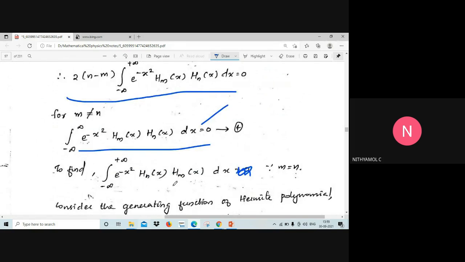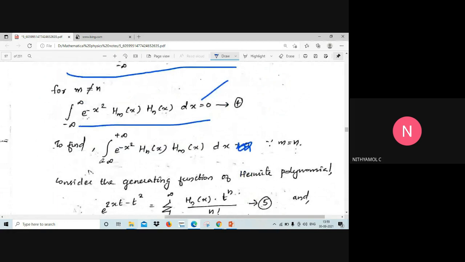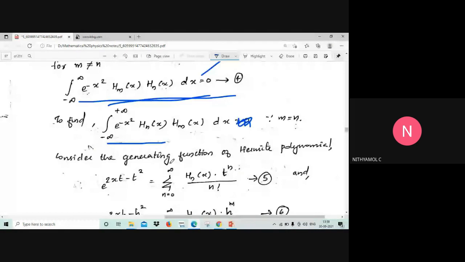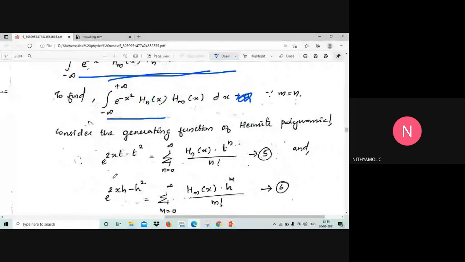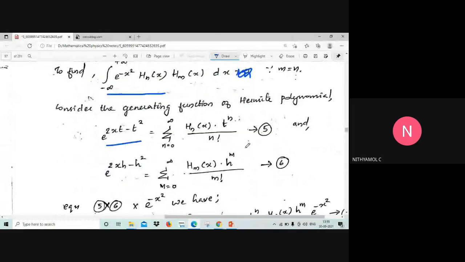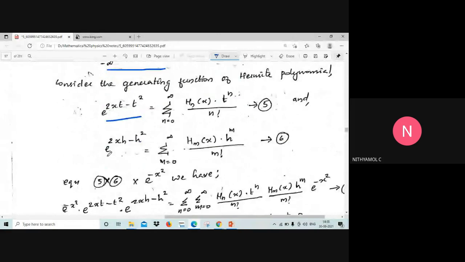To find this integral from minus infinity to infinity, we have to consider the generating function of the Hermite polynomial, that is e raised to 2xt minus t square equals summation over n is equal to 0 to infinity hn x t raised to n by n factorial. And we consider another function, e raised to 2xh minus h square equals summation over m is equal to 0 to infinity hm x h raised to m by m factorial.